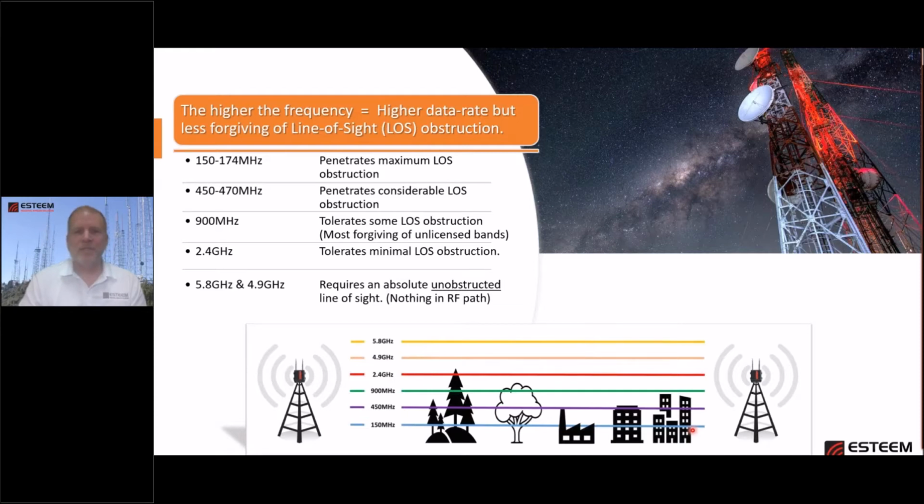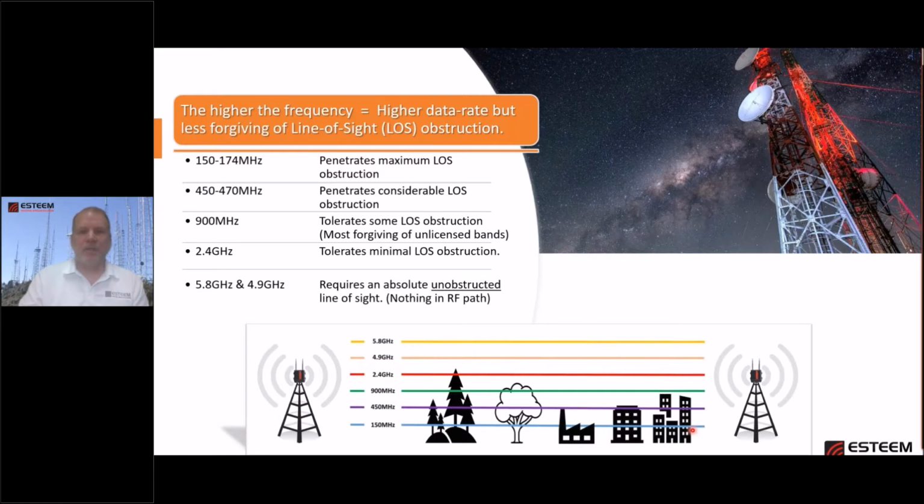These are the frequencies that penetrate the maximum line of sight obstruction. The best rule of thumb is that the higher in frequency we go, the more line of sight dependent it is. The flip side is that the higher in frequency we go, the higher the data rate we can achieve. So it's a balancing act of where it needs to go.